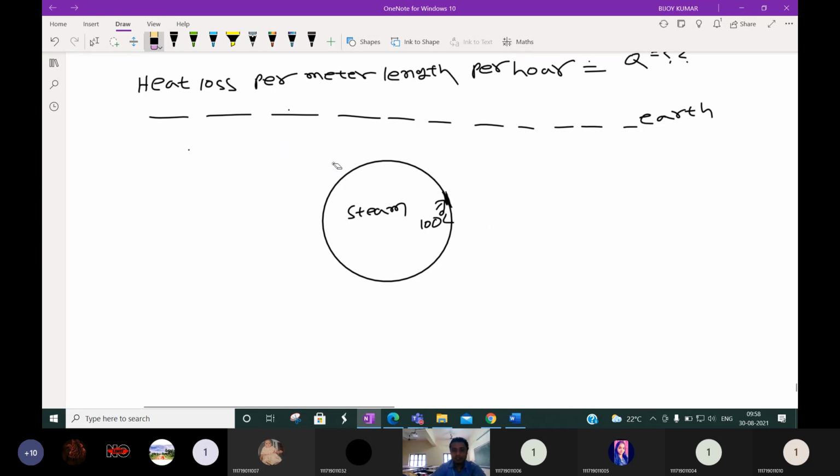What is the distance from the steam pipe to the earth surface? It is given 100 centimeter, and its temperature is 20 degrees centigrade.